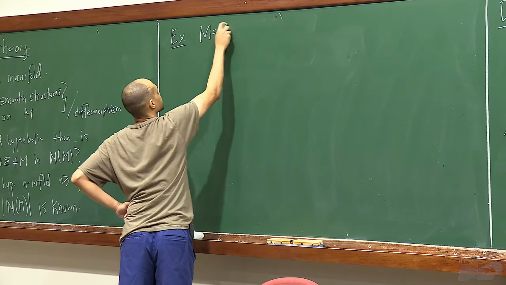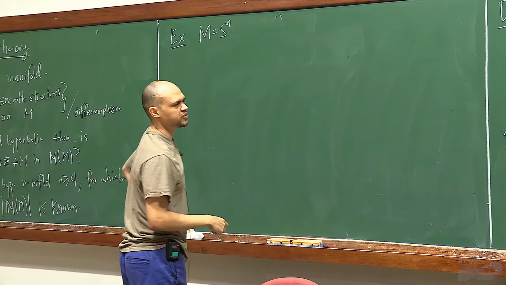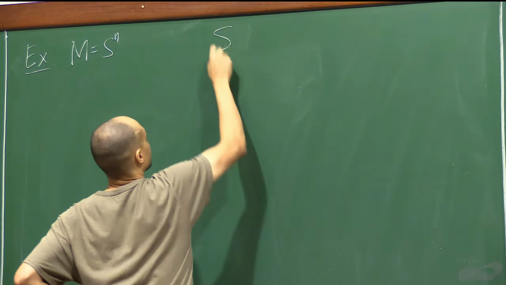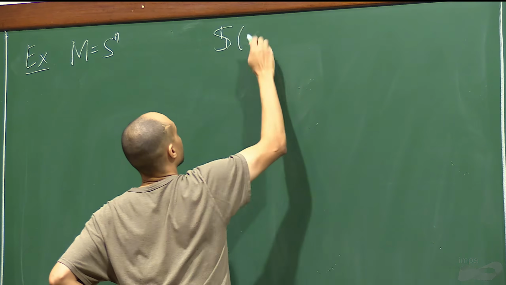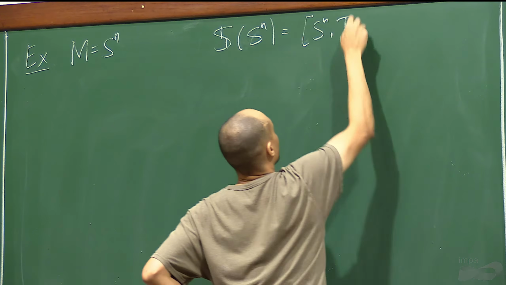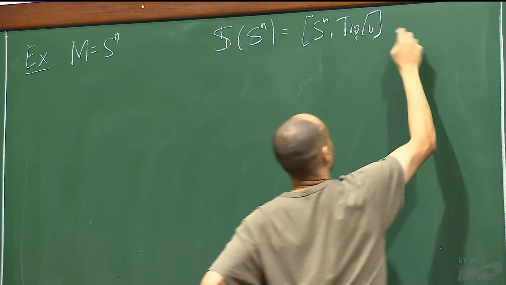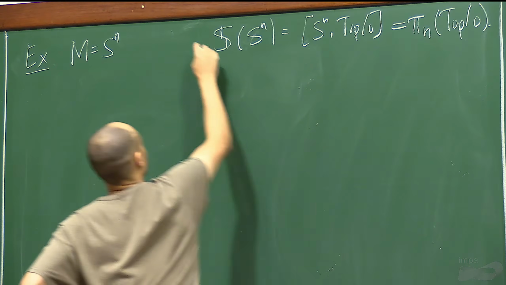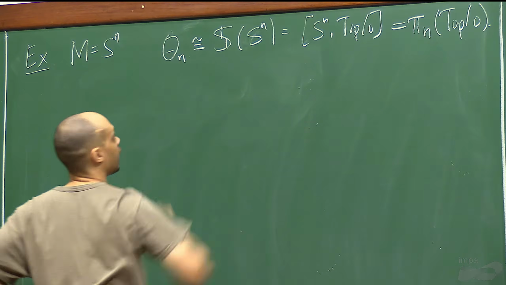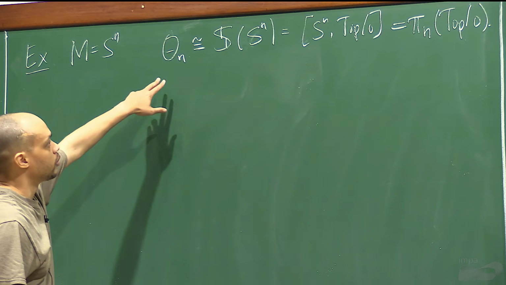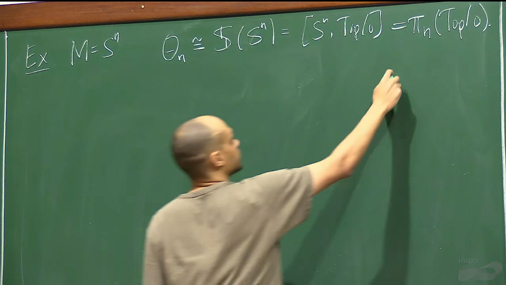If M is S^n, then we have homotopy classes of maps from the n sphere into top mod O, which is just pi n of top mod O. And that's isomorphic to theta n, in particular for n at least 5.